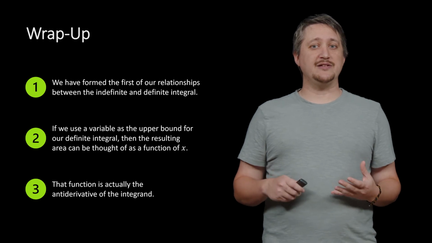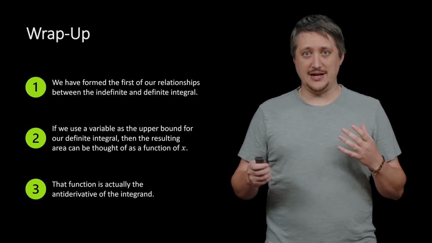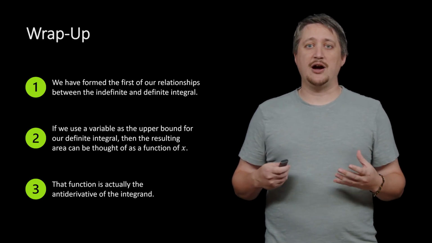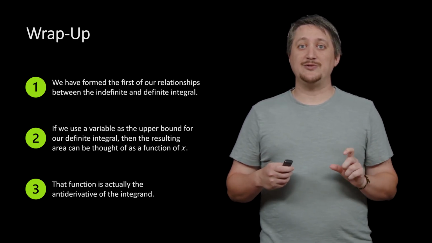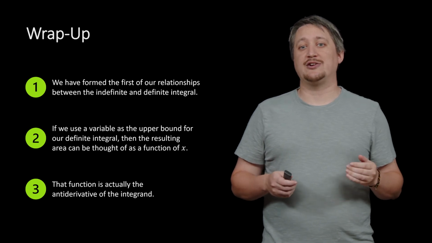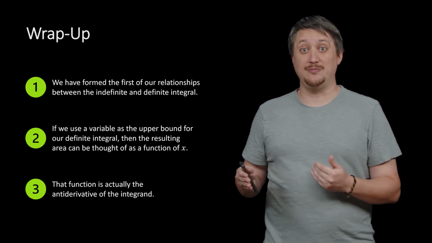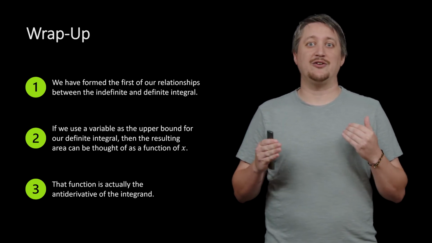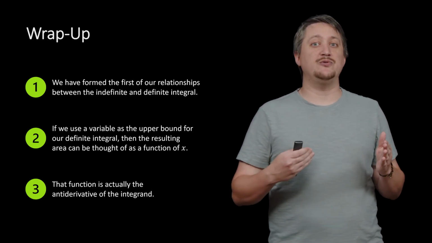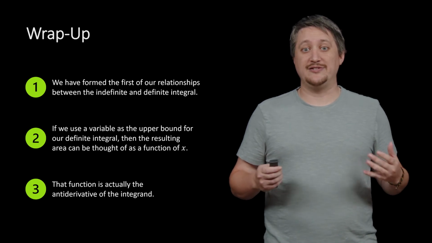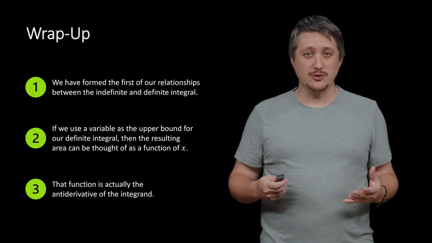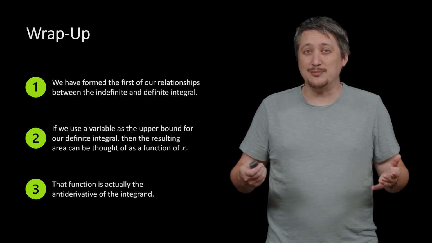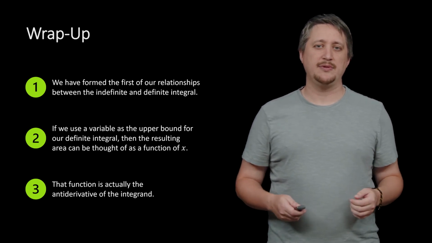So this means that when the top is some variable, we can calculate our area by using an antiderivative rather than one of those crazy infinite Riemann sums. We don't have to worry about sigma notation and taking limits to infinity and all of that when we can instead use the antiderivatives, which are in some sense much more straightforward, at least when we can calculate them, because there are some examples where we might not be able to.